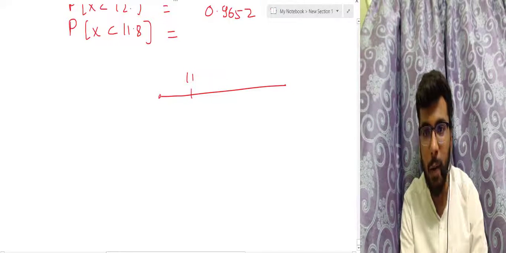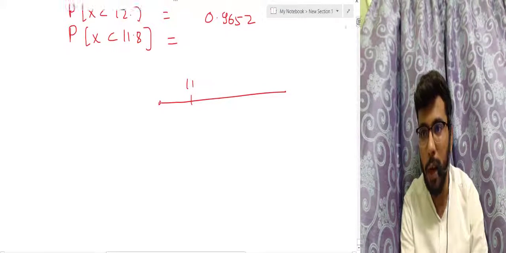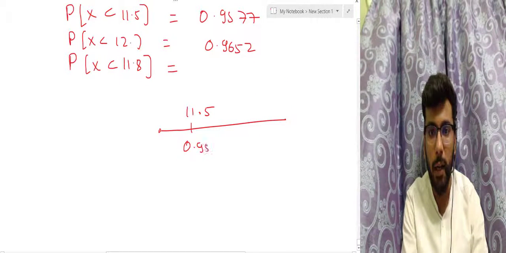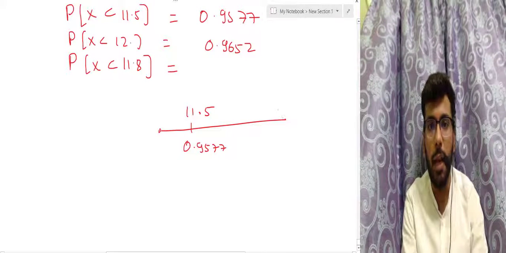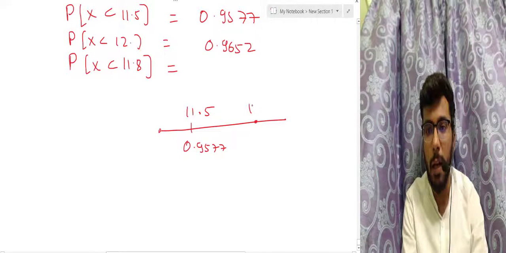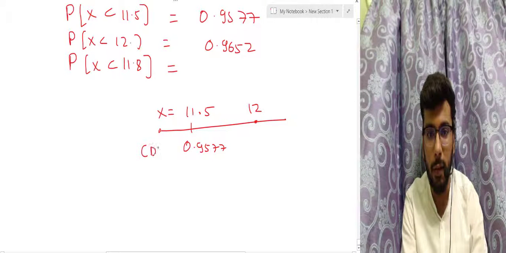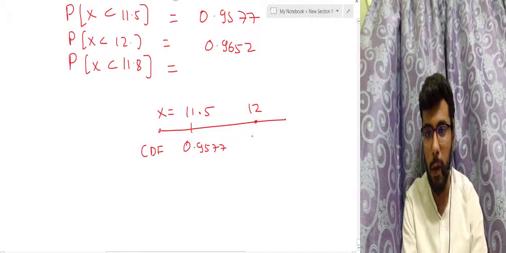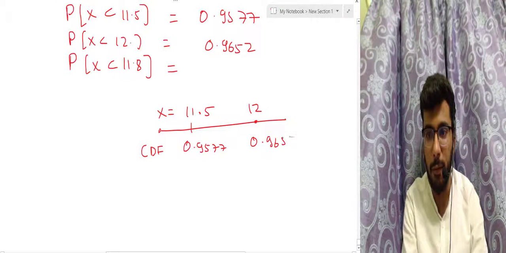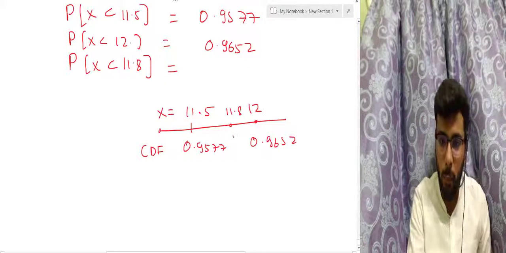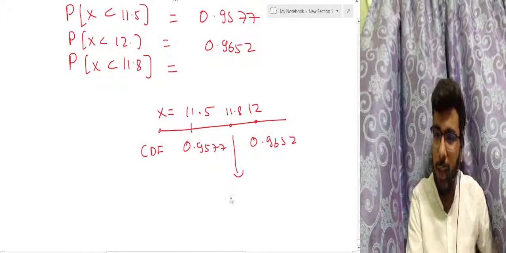So at value 11.5, your value is 0.9577. At value 12, x is equal to this, and this is your CDF value, the less than probability, 0.9652. What you want here is the value against 11.8. Now I'll teach you a technique to interpolate without learning a formula.